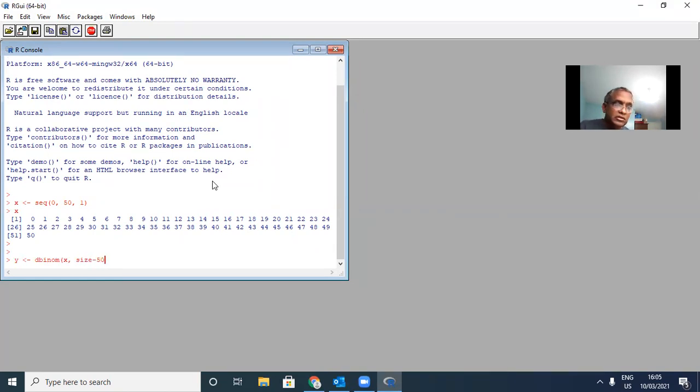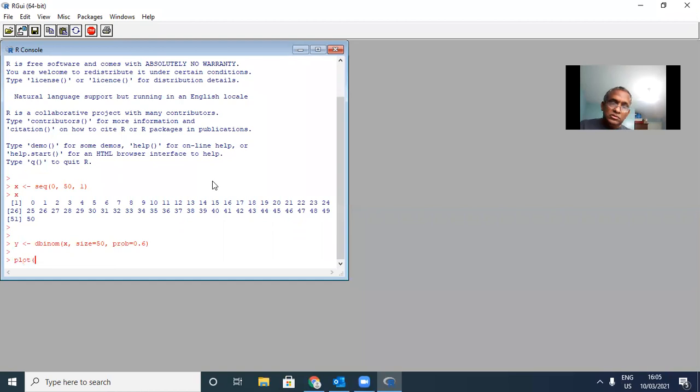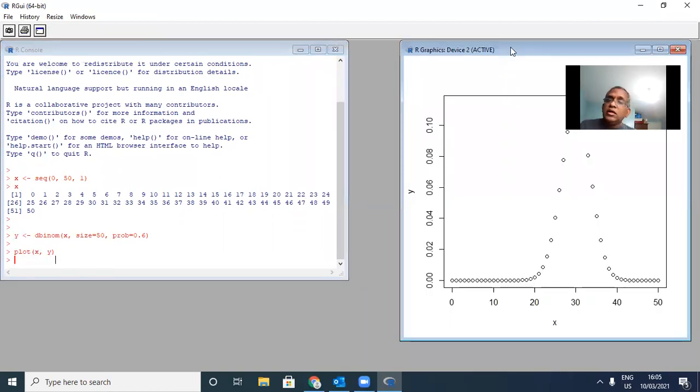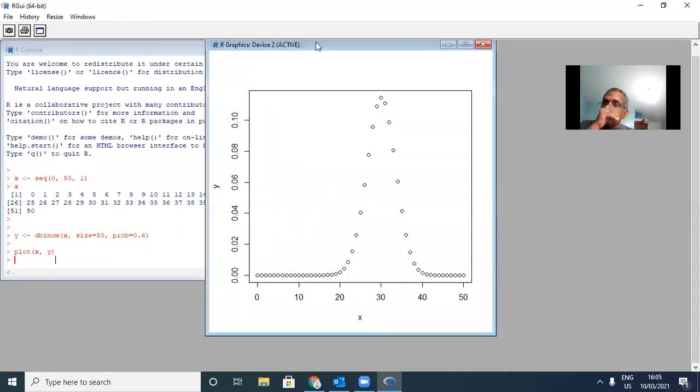The size parameter, let me take it to be 50. And the probability parameter, let me take it to be 0.6, right? Then if you say plot x comma y, this is what you will get. So what I have drawn here, guys, is the PMF of the binomial with parameters 50 and 0.6.